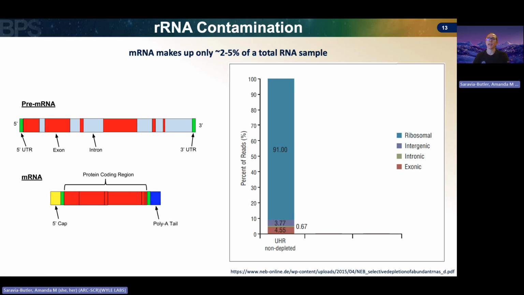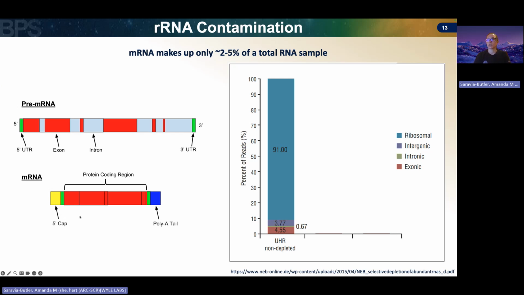This pre-mRNA is going to undergo RNA splicing, in which the introns are going to be spliced out, the exons are going to be brought together here, and then some additional things are going to happen.